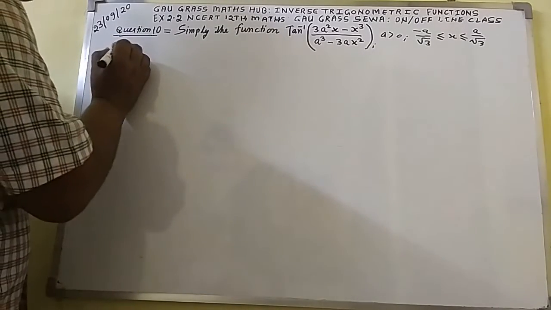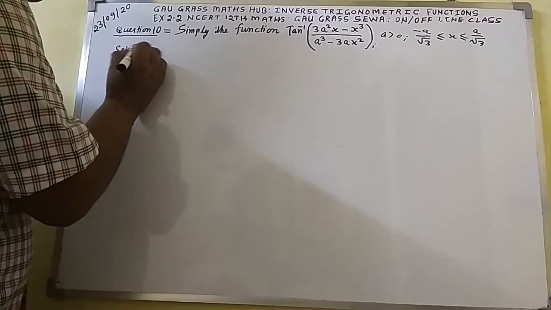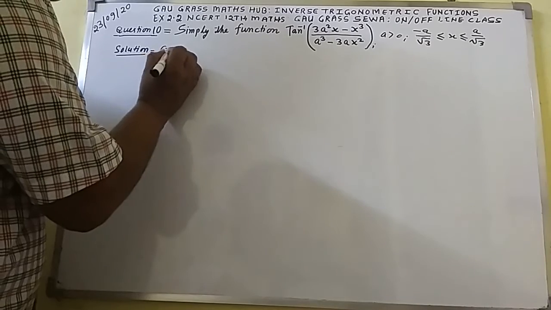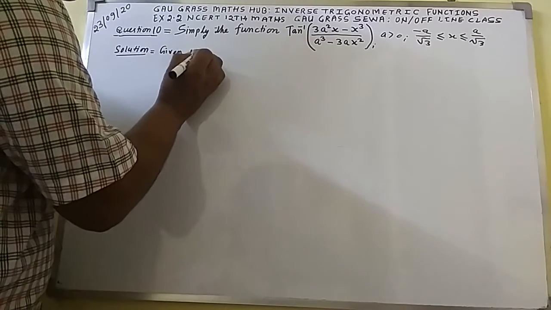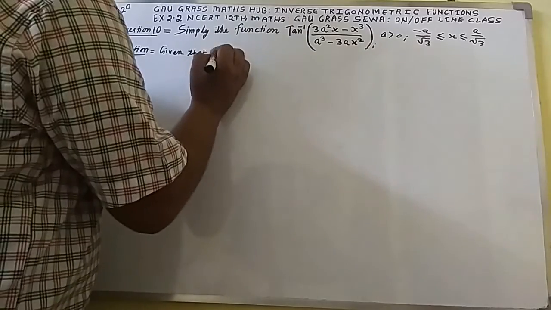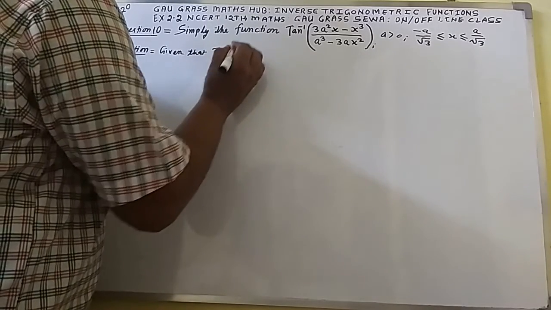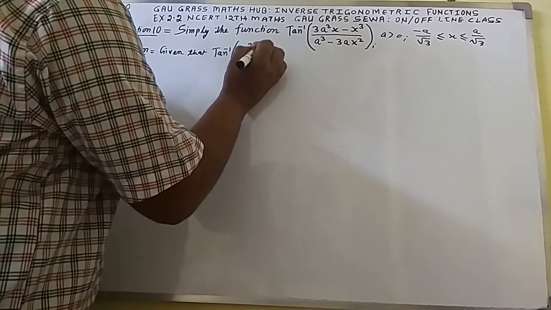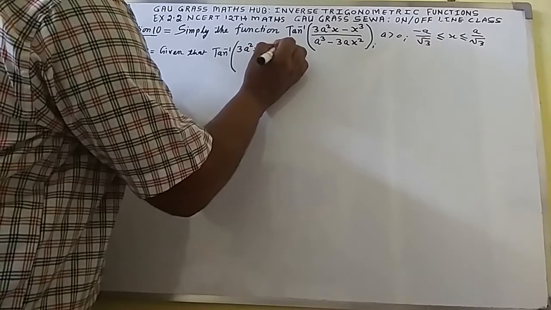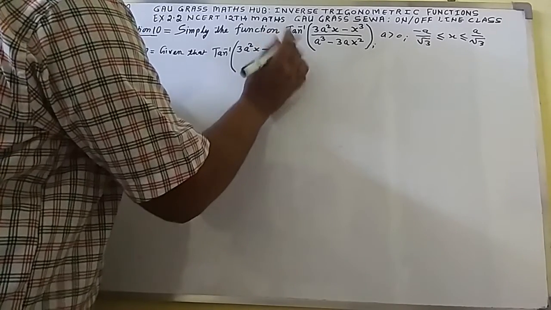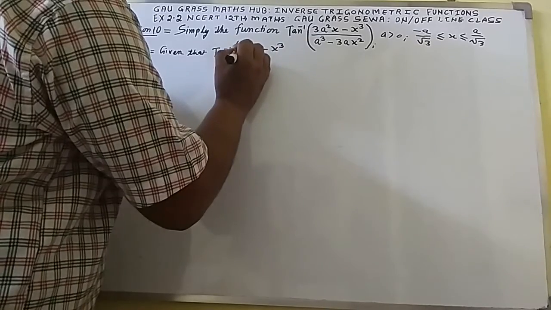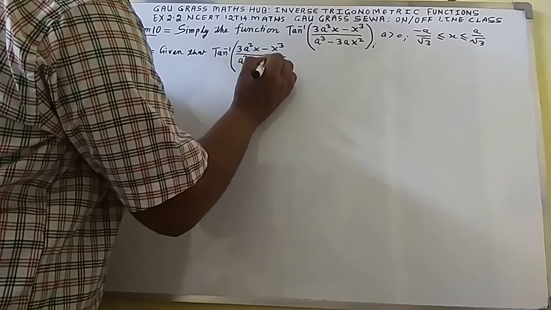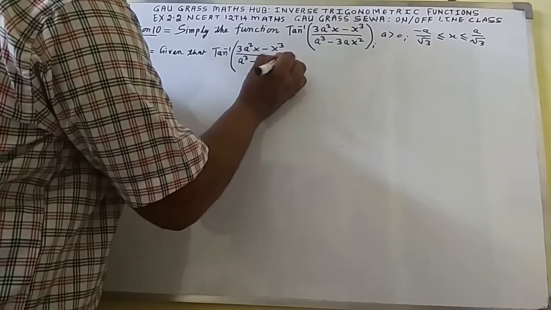Now coming to the solution. Solution: given that, tan inverse of (3a square x minus x cube) over (a cube minus 3a x square).